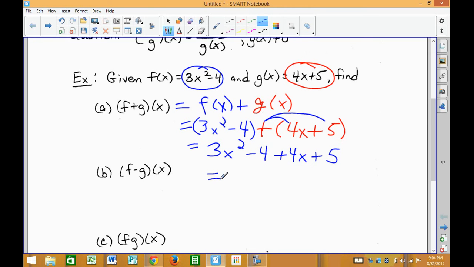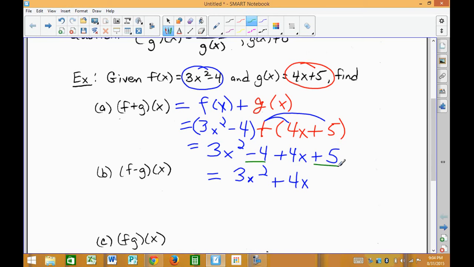Now we're going to combine like terms. So 3x squared, there's only 3x squared. There are no other x squareds to combine with that. So we have 3x squared. Then we look for the next lowest power, which is x. So that's plus 4x. And then the next lowest power would be no x's. And we have a negative 4, and we have a plus 5.